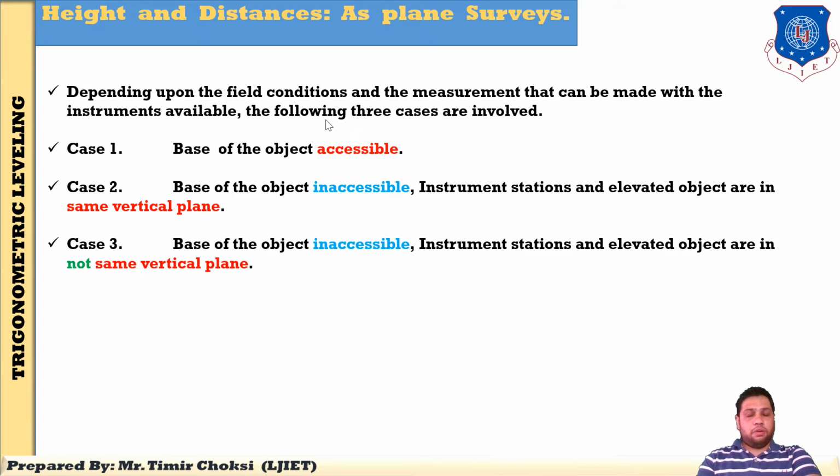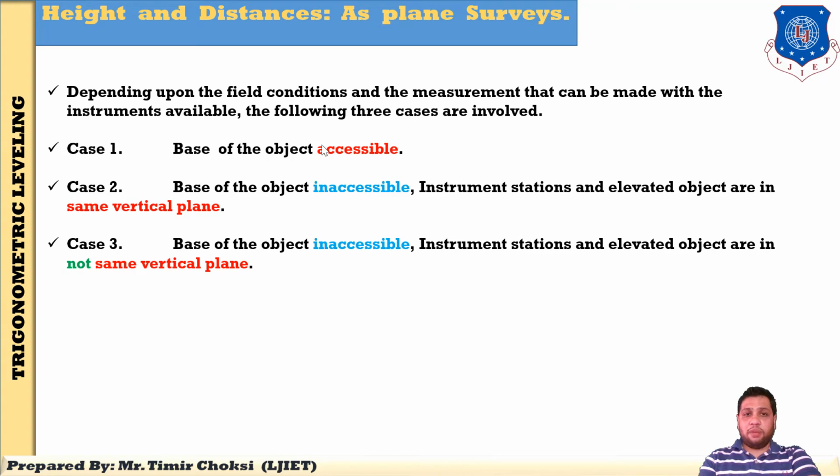In a particular survey line, different field conditions are there, some uneven ground, some flat ground. Different instruments and different measurements are there. So depending upon three factors, field condition, measurement, and instrument available, the following three cases are involved.